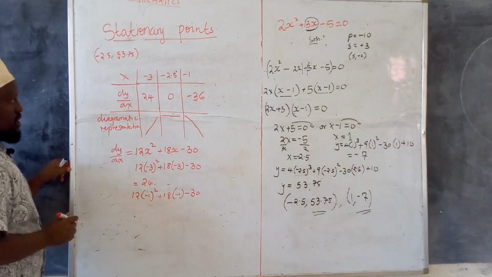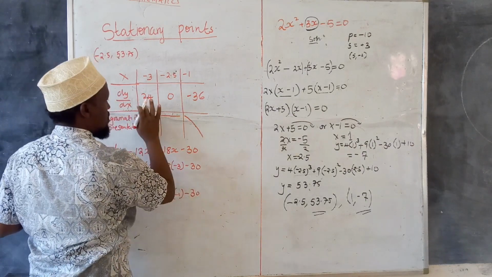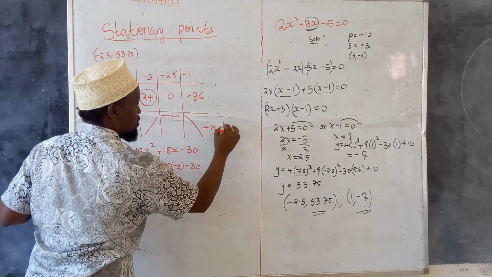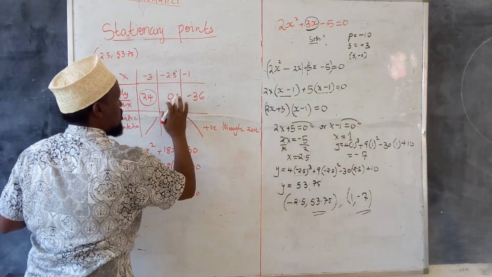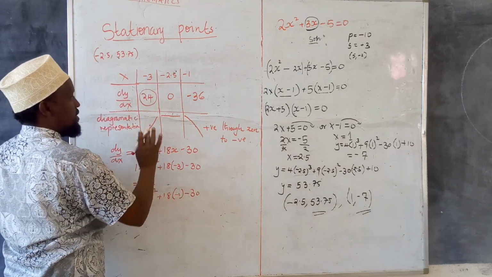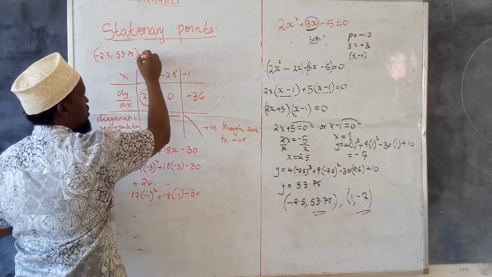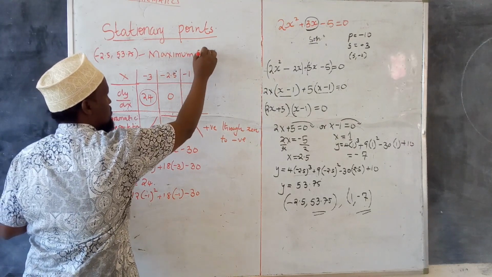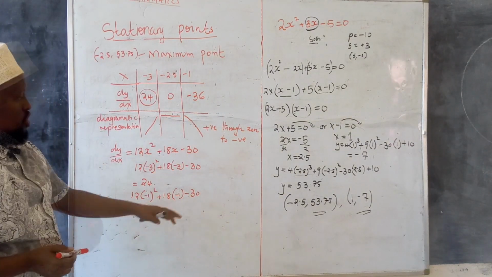So as you can see now, the sign of the gradient changes from positive, here we have positive 24, through 0 to negative. So if you find the gradient changes from positive through 0 to negative, then the point is a maximum point. Good. So we are done with the first point.